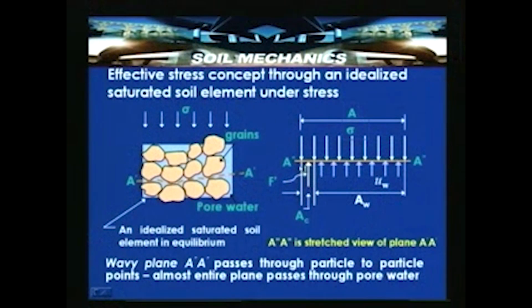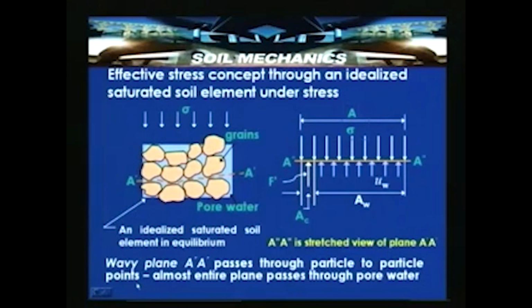If this imaginary plane has an area A, and the total stress acts over it, A'' A'' is a stretched view of the plane A' A'. When the total stress is applied, it is apportioned between the intergranular stresses, that is the stresses taken by the grains or solids in the soil mass, plus water.